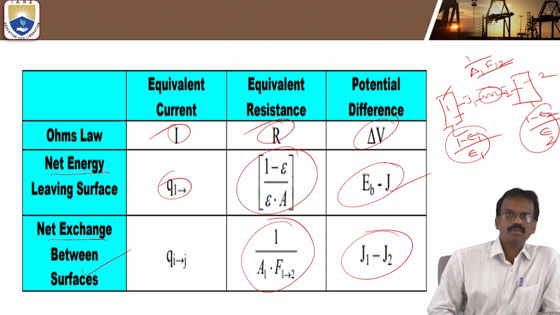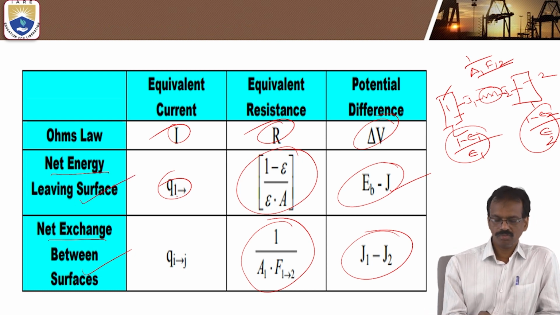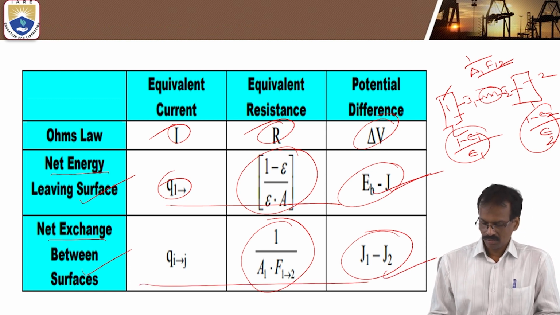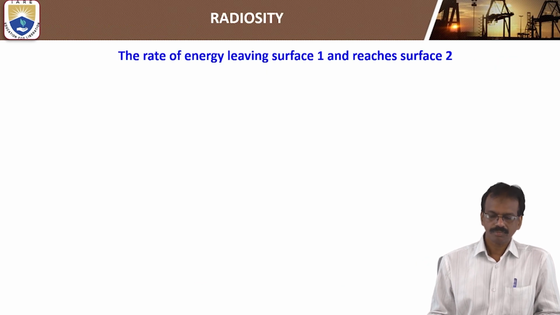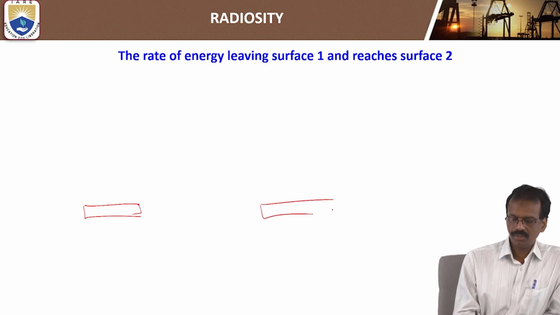If you consider one surface we apply the first, and if you consider two surfaces we apply the second. We already discussed this in the previous class. If this is one surface and this is the other surface, first we will see the surface resistance.